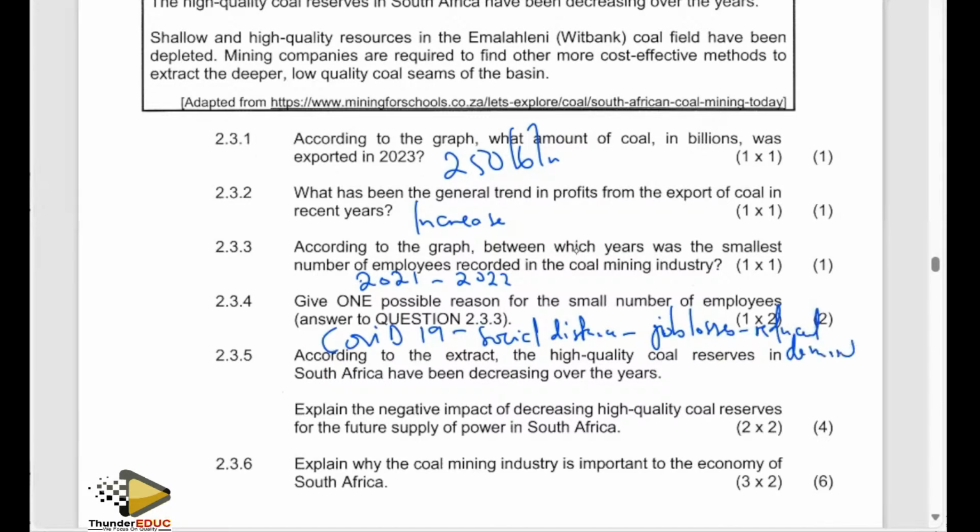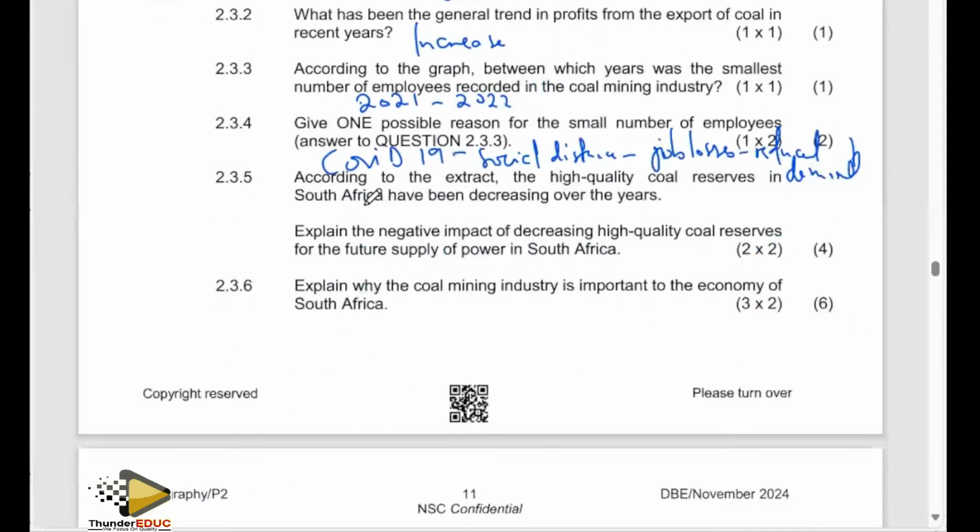It led to a downfall in the workforce size employed in the mining sector and across other sectors also. Right, that was the reason. We go on to the next question.